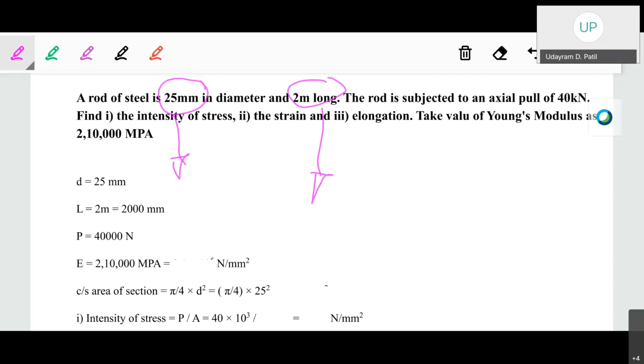Okay, so firstly whatever the given data is, convert that data into a single unit. If possible, convert that data in mm or Newton per mm square. Newton आणि mm मध्ये सर्व data convert करायचं if possible.